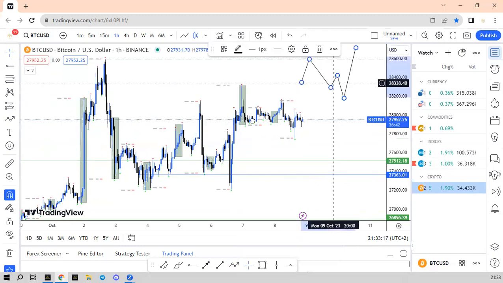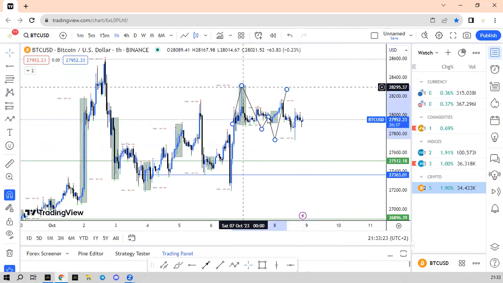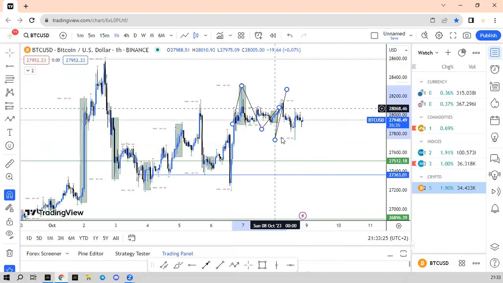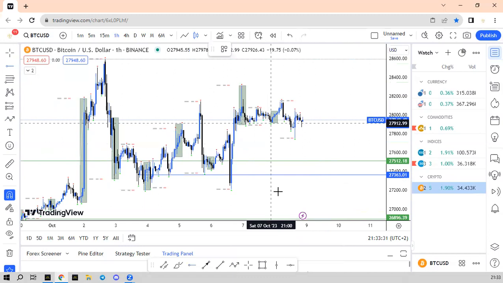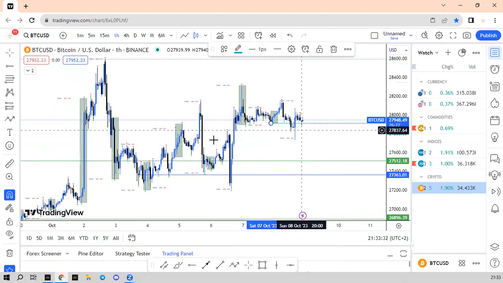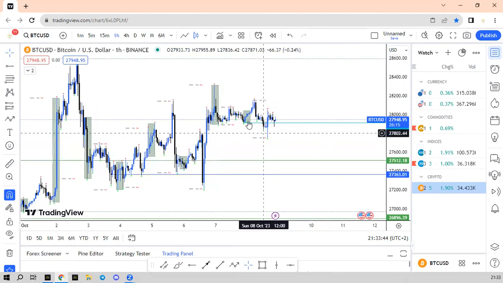So the price was right here. I was waiting for something like taking out that high and maybe an inducement right here. So the inducement was right here. Below this now, all I wait for is something like a break of structure to buy. Price has not given us a buy.